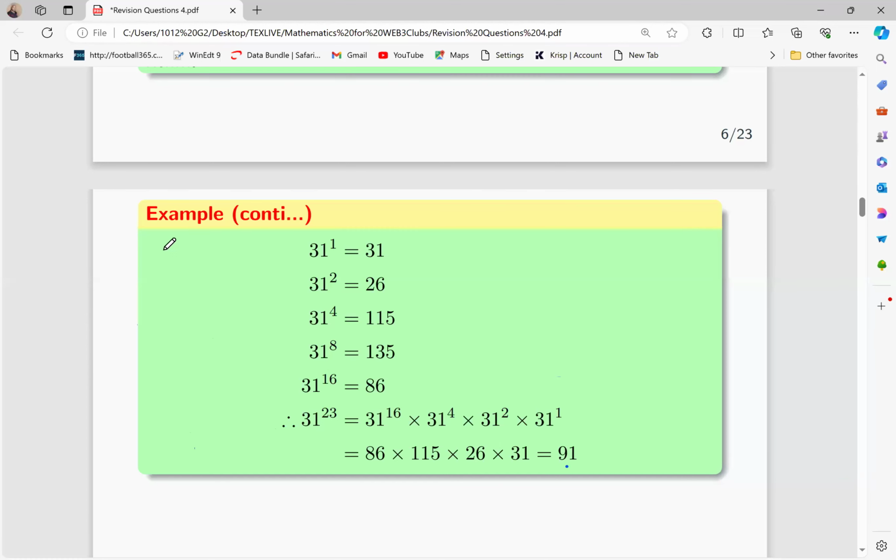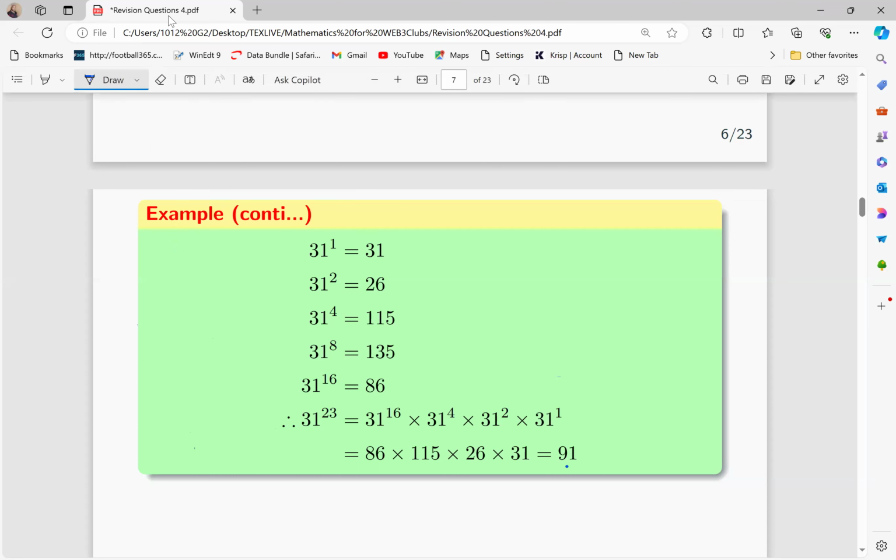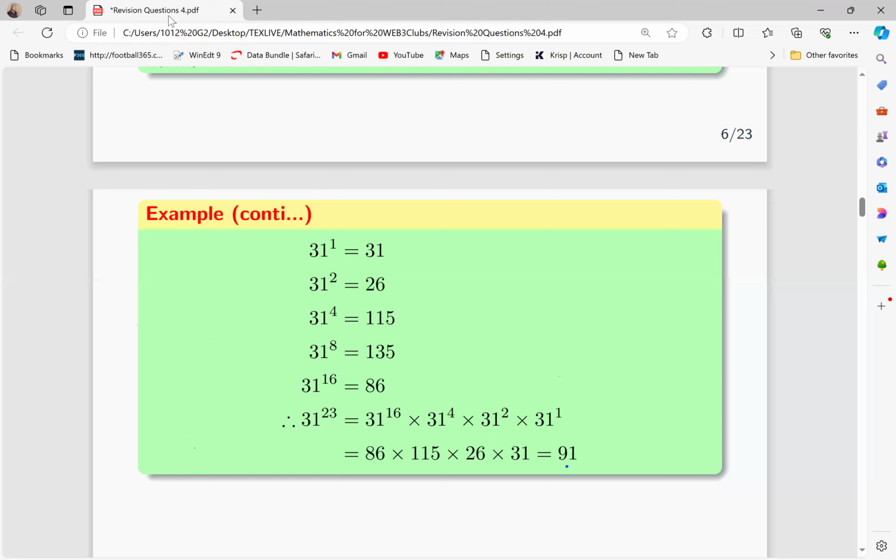We should get that 91. Is that okay? Okay, as we continue showing him, we can have just a short break. Is that okay?